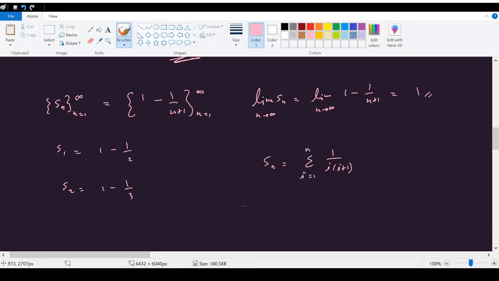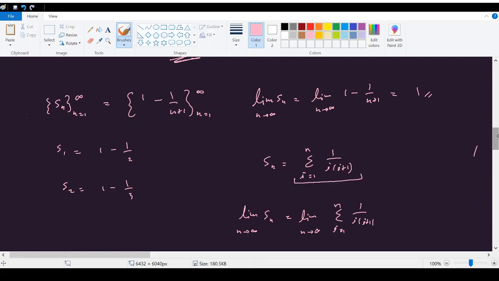Now it's very difficult to think about a limit if we only consider this notation. We won't be able to simplify it any further if we keep the partial sum in this notation.